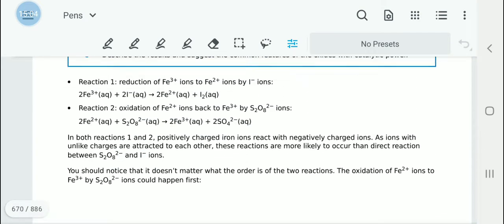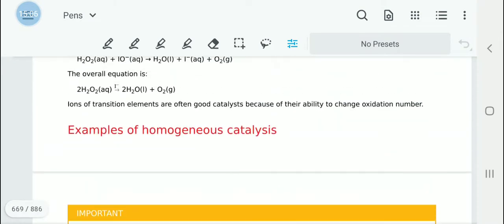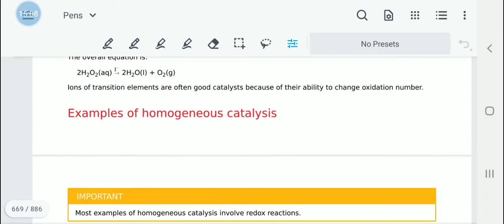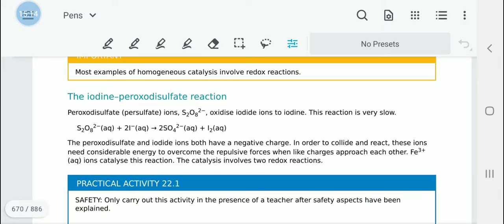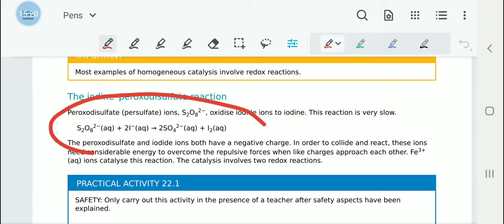Write down a note on this. Examples of homogeneous catalysis: the iodine peroxodisulfate reaction. Write down the equation S2O8 2 minus aqueous plus 2I minus aqueous giving 2SO4 2 minus aqueous plus I2 aqueous.